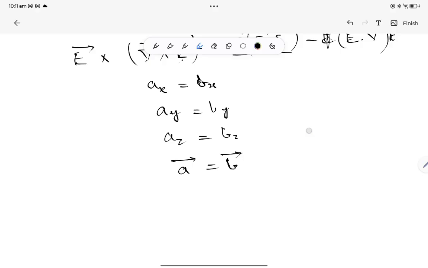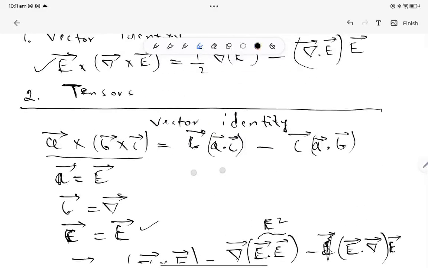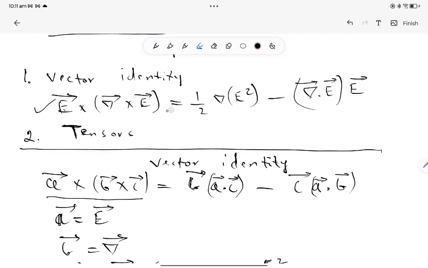So what we do, we will start with this and this. We will equate these two. We will prove this for the x component only. Y and z will follow suit.